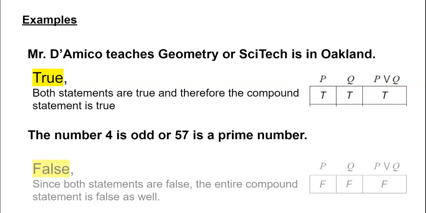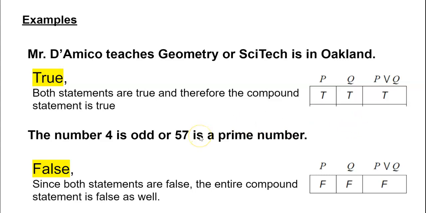So this statement is false. Since both statements are false, the entire thing is false. If one of those had been true, the disjunction would have still worked. So again, if they're both true, it's true for a disjunction. Or if only one is true, it's also true for a disjunction. The only scenario where it's not true is when both statements are false.